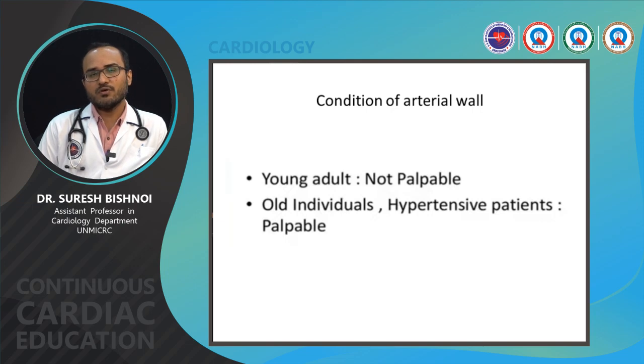But in older patients, hypertensive patients with arteriosclerosis, you have a cord-like feeling under the middle finger, something hard. This is typically seen in old age. You should remember this is not atherosclerosis but arteriosclerosis, because the radial artery is immune to atherosclerosis. So the cause should be mentioned as arteriosclerosis, not atherosclerosis.